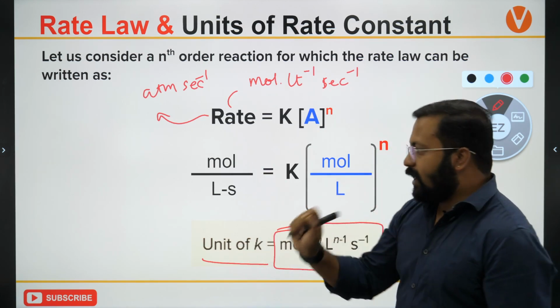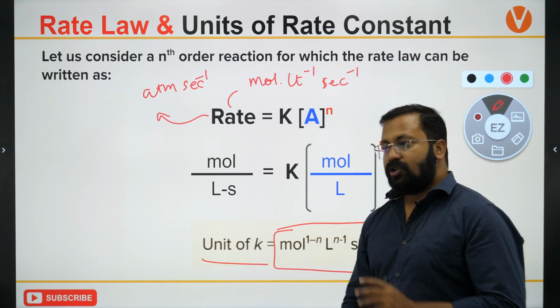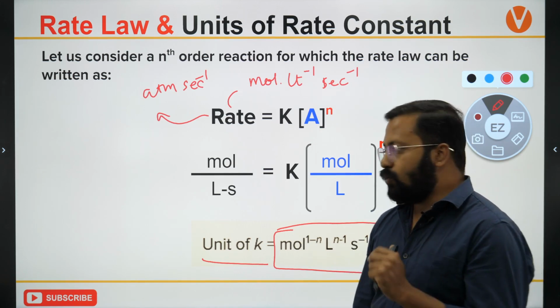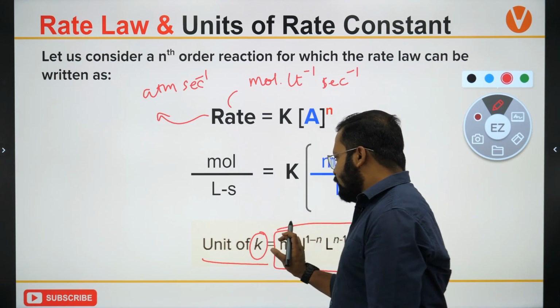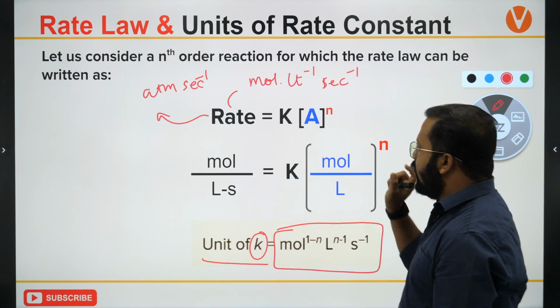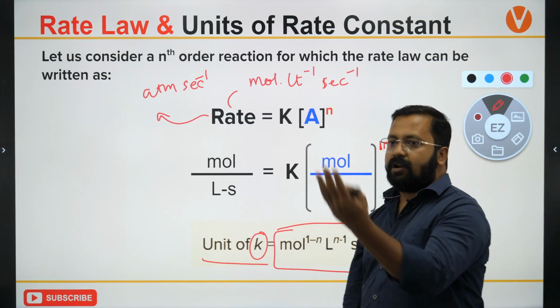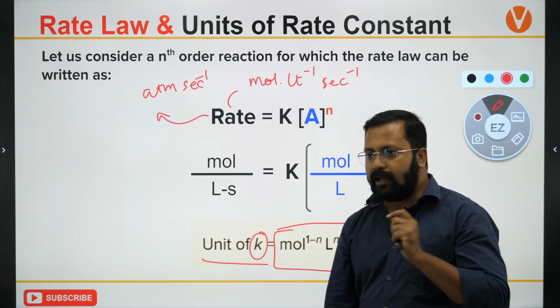By looking at the unit of rate constant, you can infer the order of reaction, which equation you need to use for calculating the rate constant. I need this relation, and if I have to identify the order, I can go in the reverse direction as well. Clear?